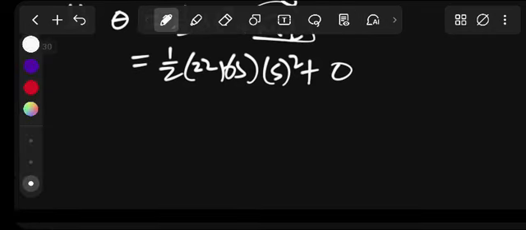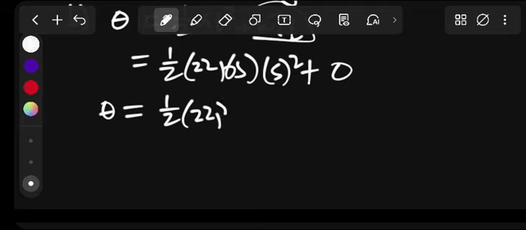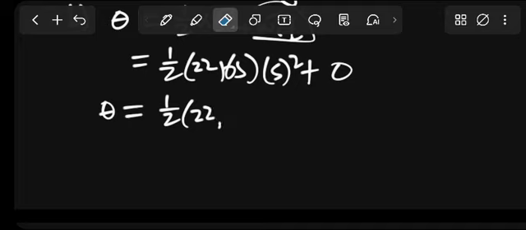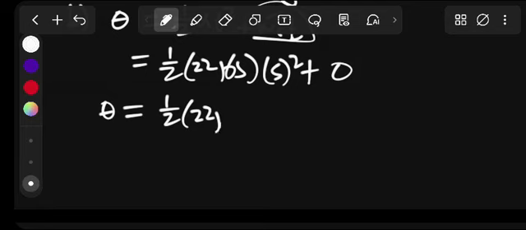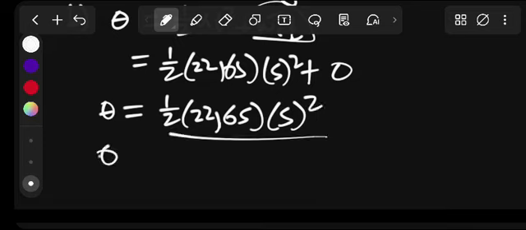Then our angular displacement will be 1 over 2 times 22.65 multiplied by 5 squared. Punching this, we have our displacement as 282.8. This will be in radians.